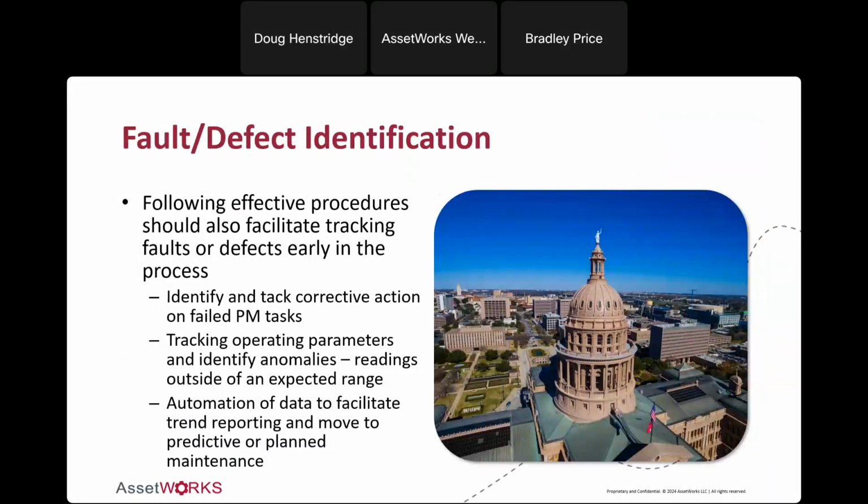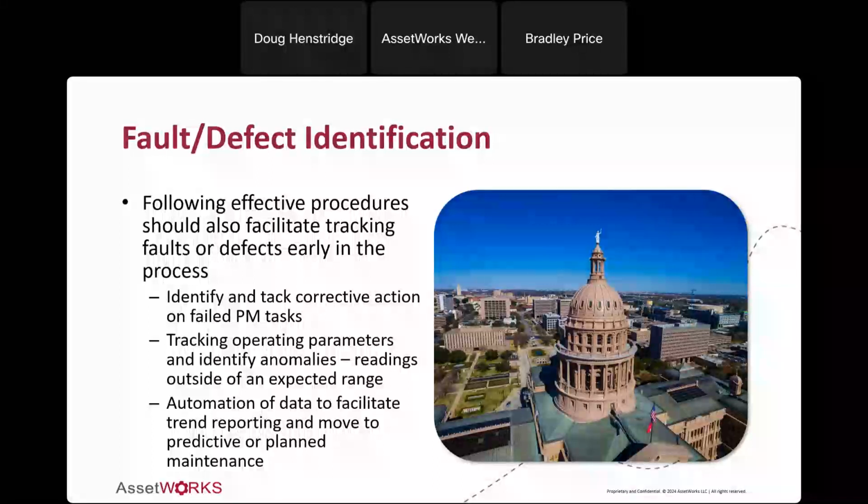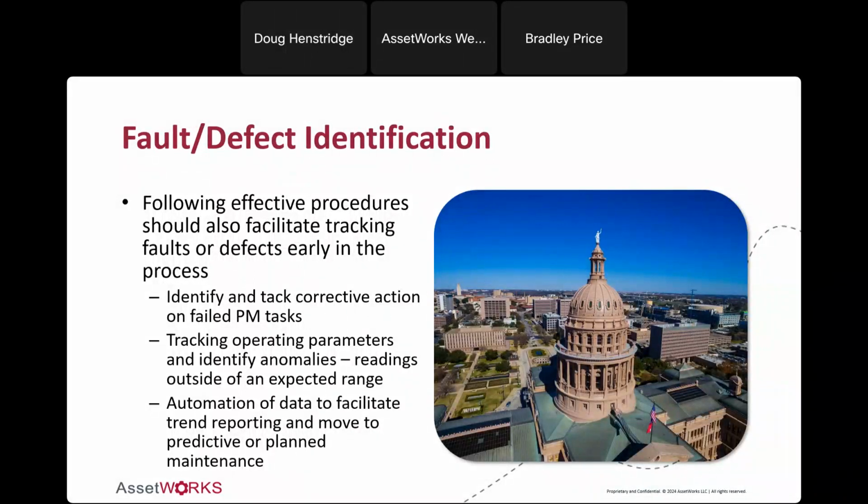Right. The other thing, as I mentioned, is to proactively look for finding faults. Your PM and your routine maintenance should be looking for faults, and you should be looking at automating this data, right? That's a key thing, because when you automate it, you can report on it, you can find trends, and now you're starting to look more predictive, right?